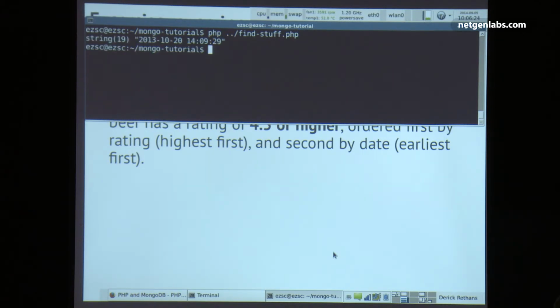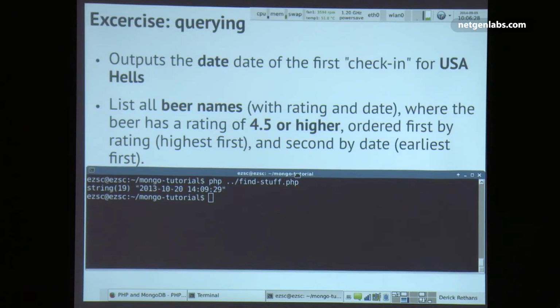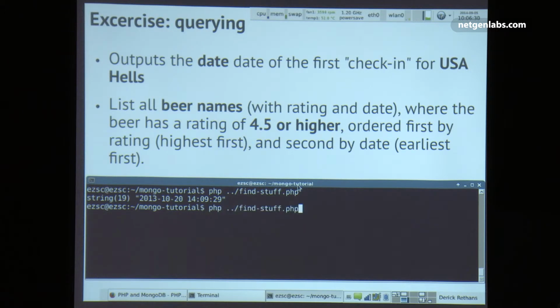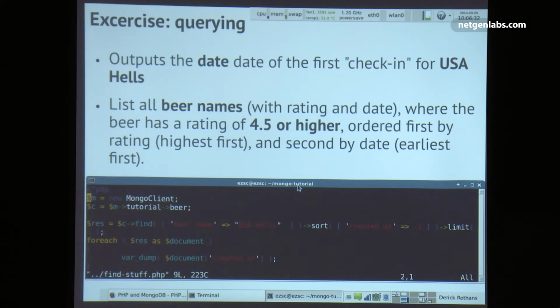All right, so the second one is a bit trickier. Let's have a look at that as well. So open this. So here, what is the query that we want to do here? So what are the search criteria here?